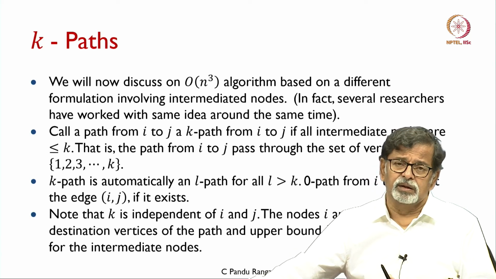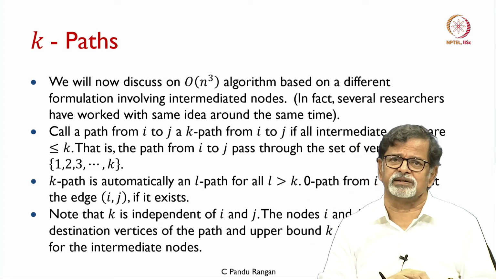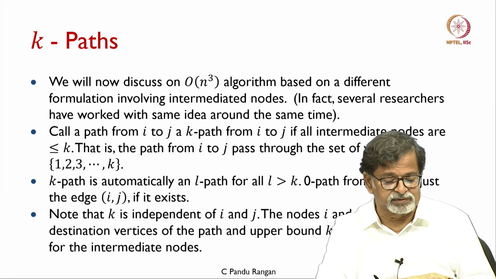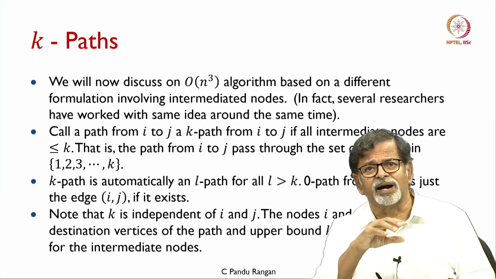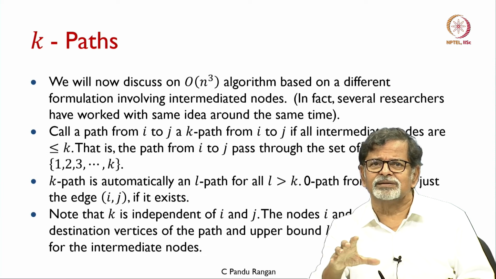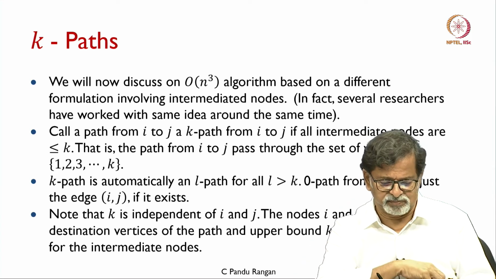Okay. So, this algorithm is going to be based on a different formulation on the intermediate vertex. There are several researchers who have worked on this idea, and more or less at the same window of time several algorithms based on this idea have been published.